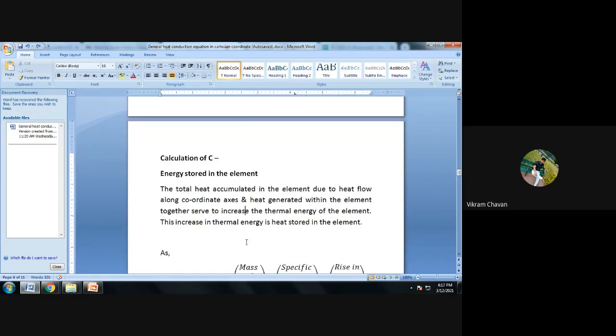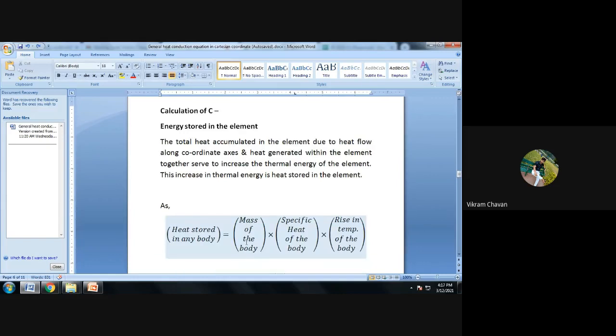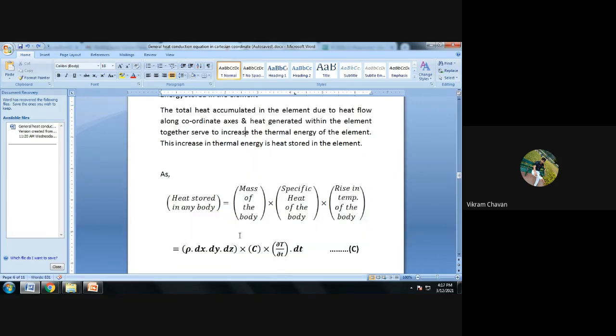So we know the simple formula for heat stored: heat stored in any body will be equal to mass of the body multiplied by specific heat of the body multiplied by rise in temperature of that particular body.